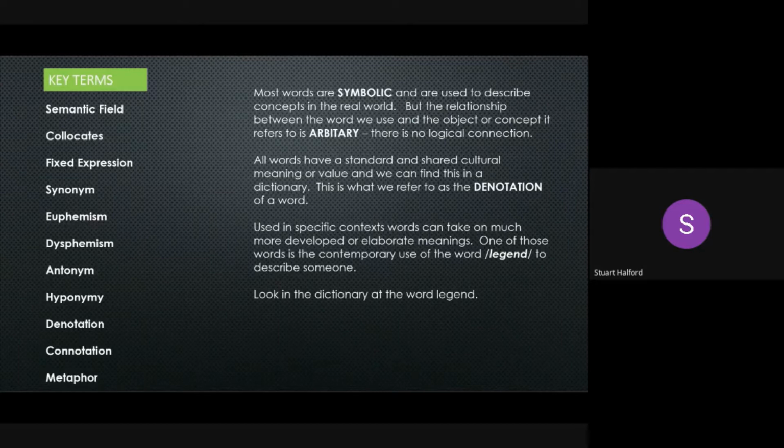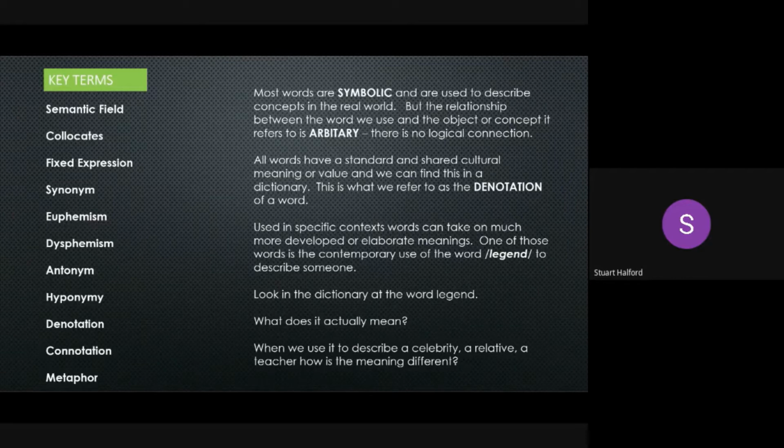However, we don't quite use it in that sort of way. So when we use it to describe a celebrity, a relative, a teacher, a friend, when we're using so-and-so is a legend, what do we actually mean? Is the meaning slightly different? So there, the context of how we're using the word legend changes the meaning to some extent.